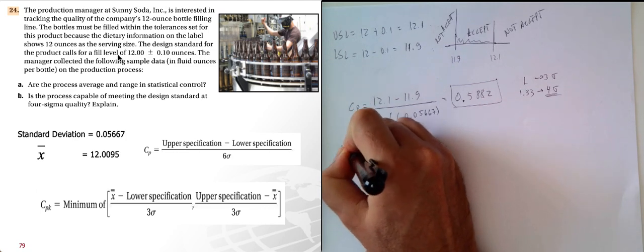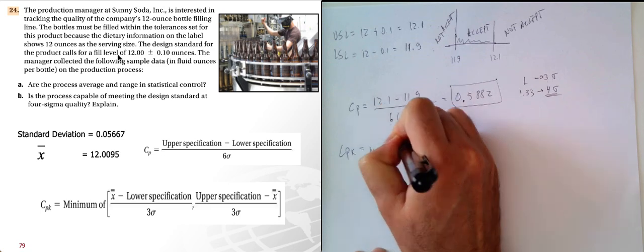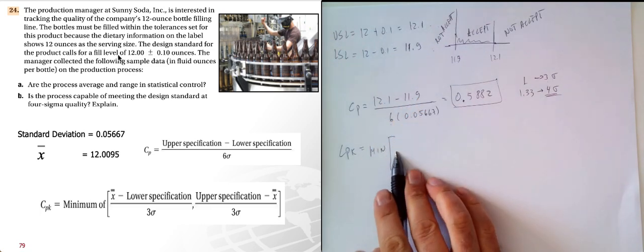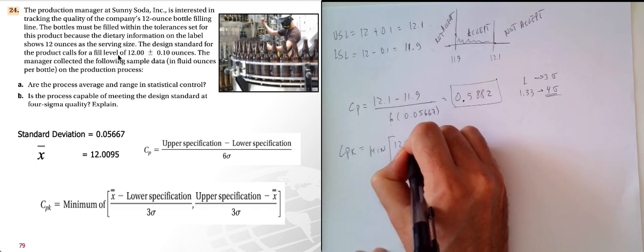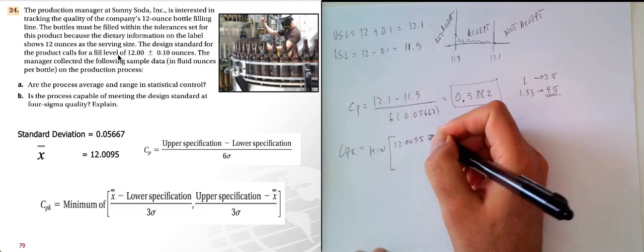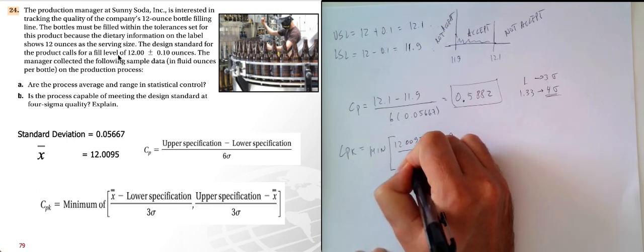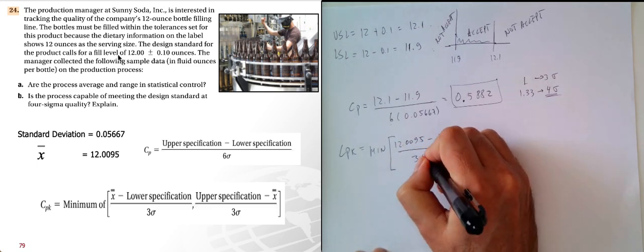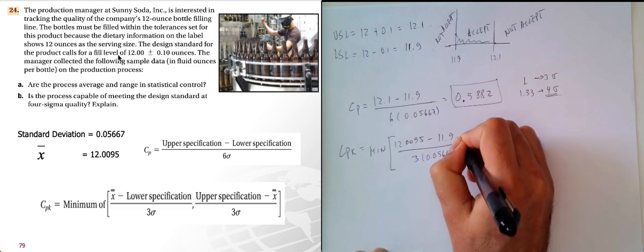But just for fun, we're going to calculate Cpk as well. So that's the minimum of the X double bar, which is 12.0095, minus the lower specification, so 11.9, divided by 3 times, so here we're dividing, remember, 3 one side and 3 the other side, times the standard deviation.